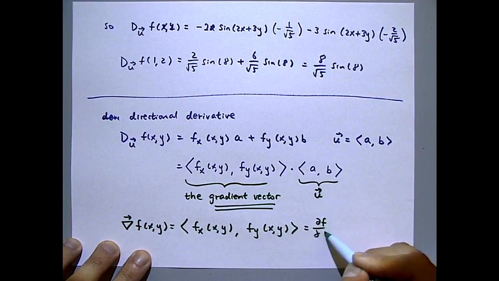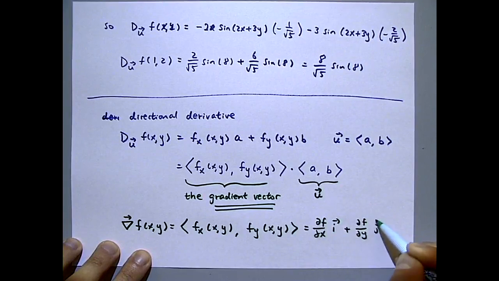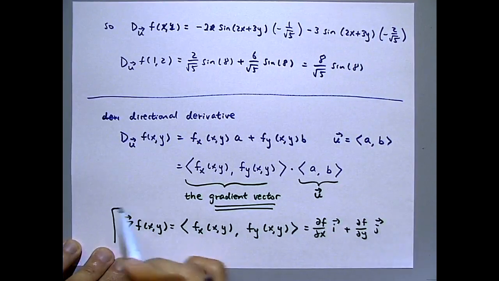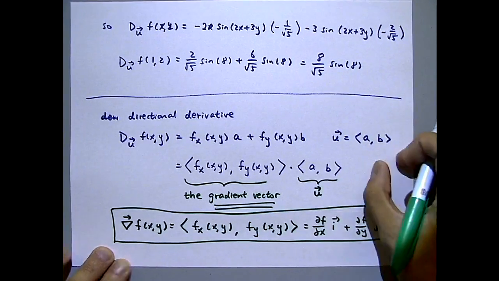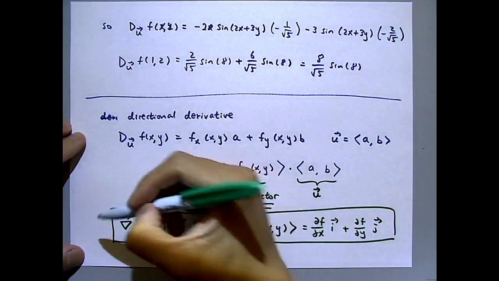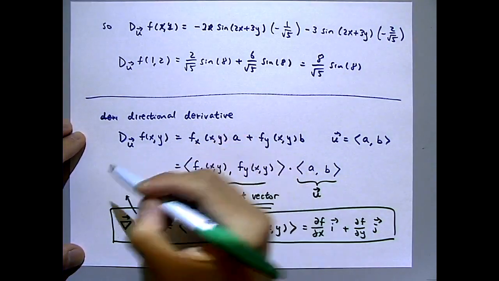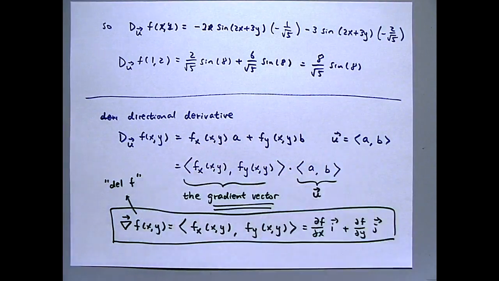So in a different notation, it could look like this. Okay, so that's our gradient vector. And the way you read this, you say del f. Or you just say the gradient of f. Doesn't matter.